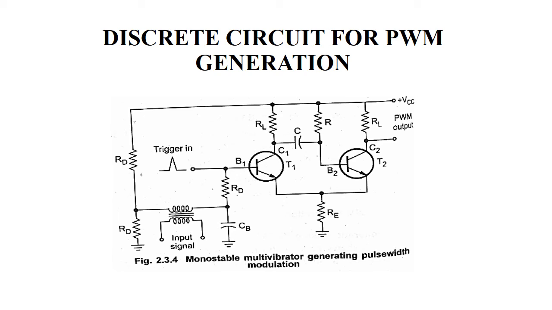For T2 to turn on, the base of T2 must be slightly more positive than the voltage across the resistor RE. This voltage depends on the emitter current IE, which is controlled by the signal voltage applied to the base of transistor T1. Again, turning off transistor T2 is decided by the signal voltage.